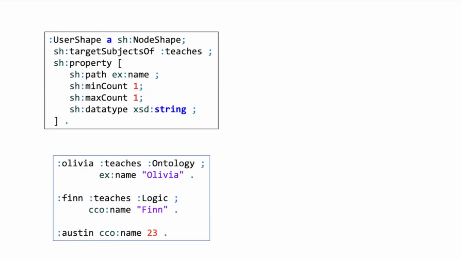So the X and Y, X teaches Y. And then you're saying, here are some constraints on things that fall into that X value, the domain of teaches. They have to have a relationship to a name, exactly one, which has a value that's a string. Observe the RDF data. Which ones pass? Which ones fail?